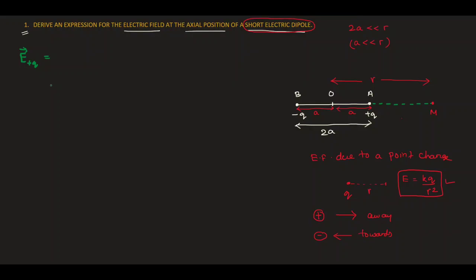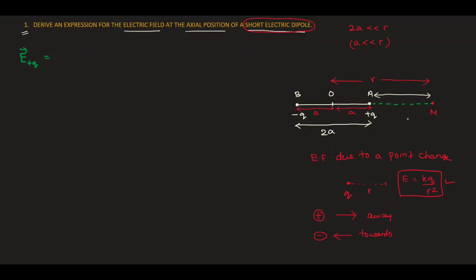To find its value, first we have to find the distance of the point M from the charge plus q. What is this distance? It means the distance from A to M.